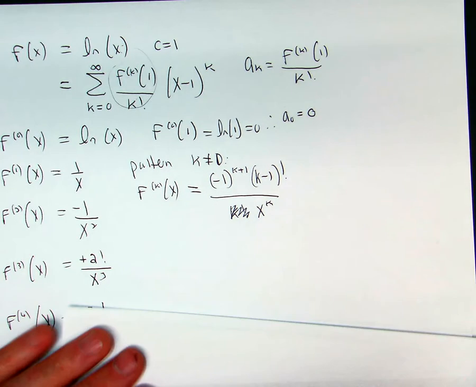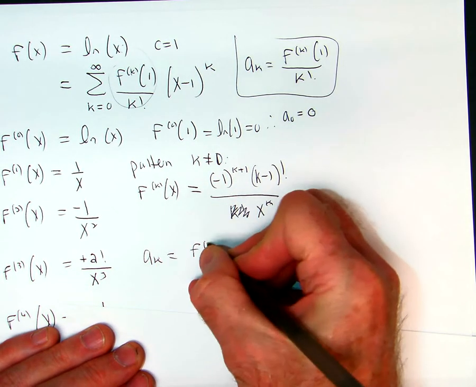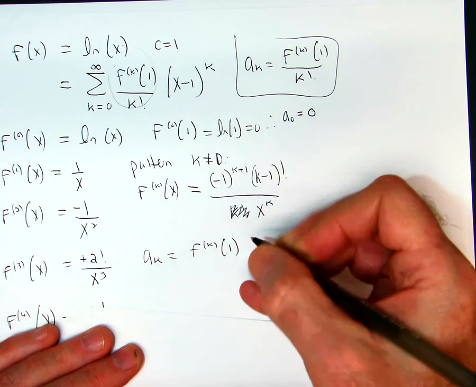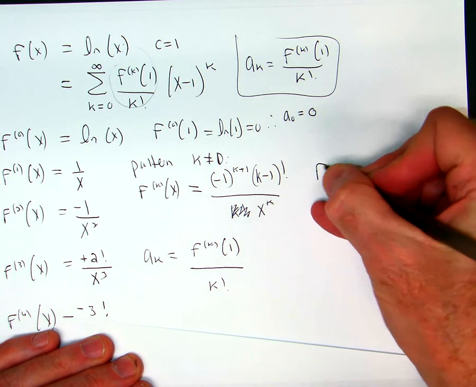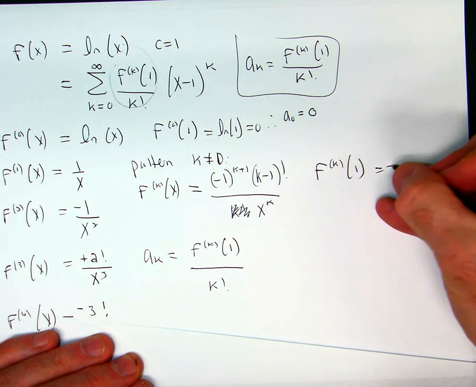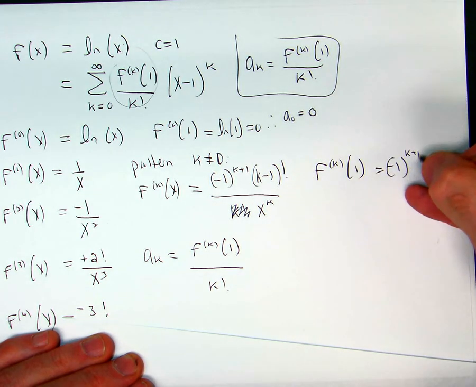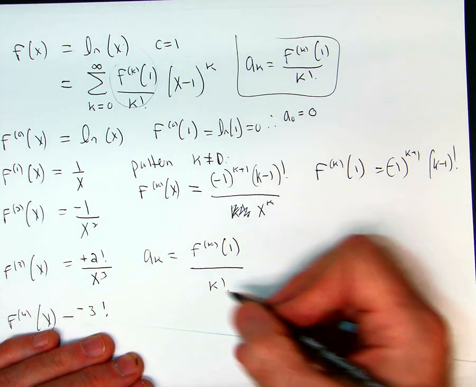Okay, so I want to figure out what ak is. So ak is going to be the kth derivative at 1 over k factorial. Well, plug in 1 here, and I get minus 1 to the k plus 1 over 1, which I can ignore, times k minus 1 factorial. So I plug that in.